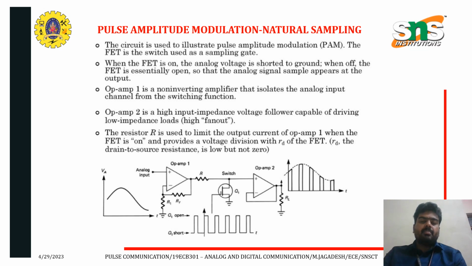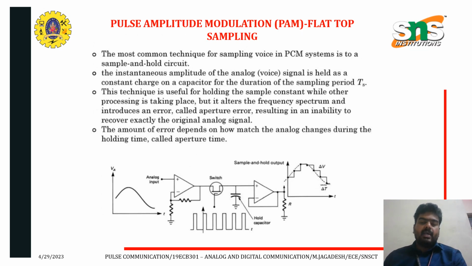In natural sampling, the input signal is an analog waveform, and the carrier used is a sequence of pulses. According to the analog input signal, the carrier wave will be varied in terms of amplitude. So finally, we get the output like this. This is called natural sampling. Another type is flat top sampling.